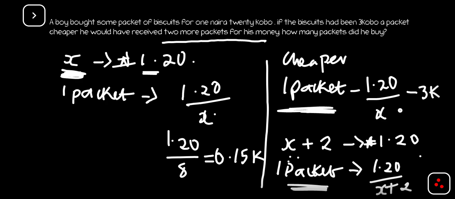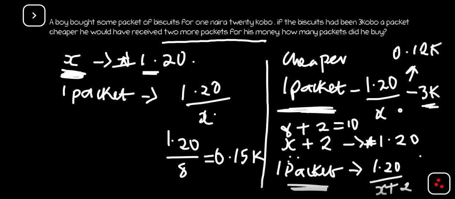But they said cheaper, so we subtract 3 kobo, and one packet would have been 12 kobo. He would have gotten extra: x plus 2, which is 10 packets, for 1 naira 20 kobo.